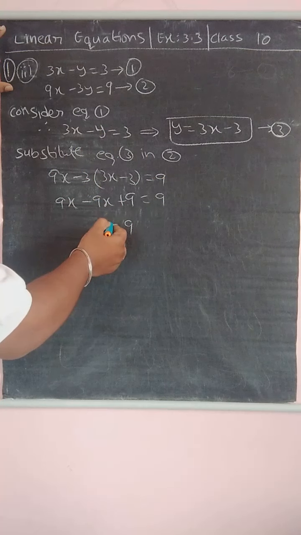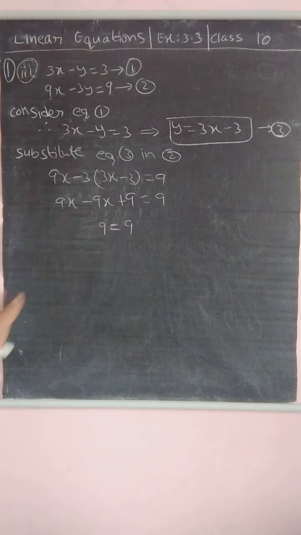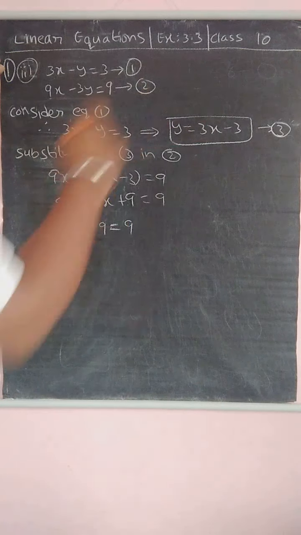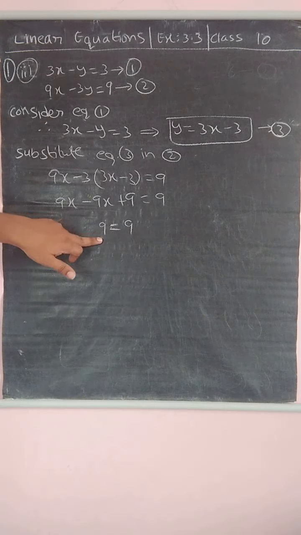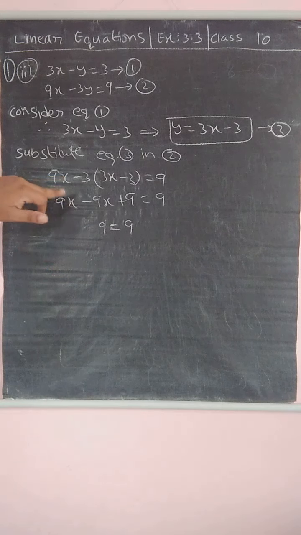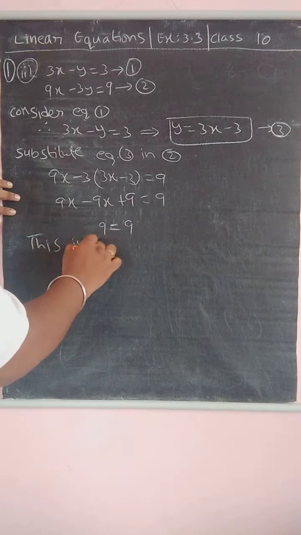So now here if you observe, we can see 9 is equals to 9. That means LHS is equals to RHS for any value of x. Because the x value is eliminating here, we can keep whatever value of x. We will get finally this only, because the x value won't exist at the last. So this is always true.